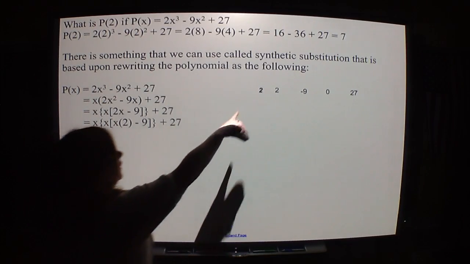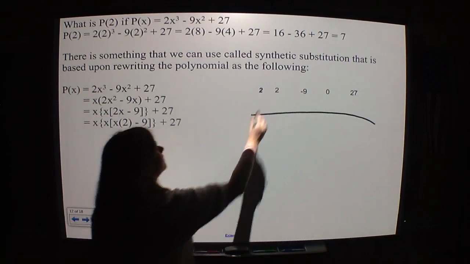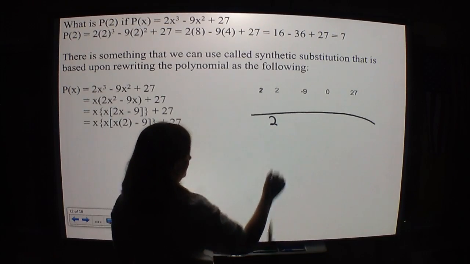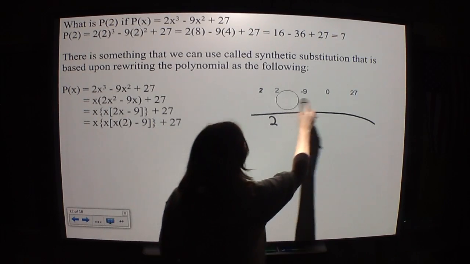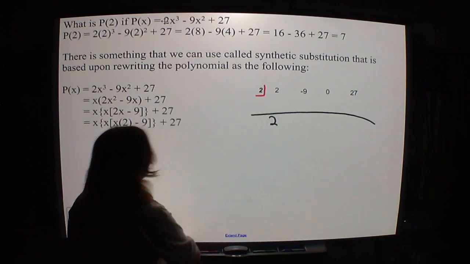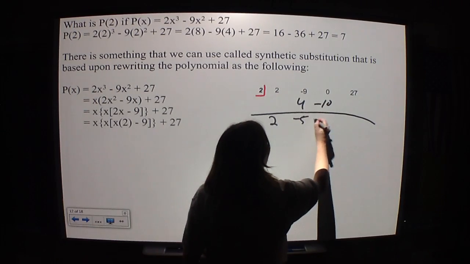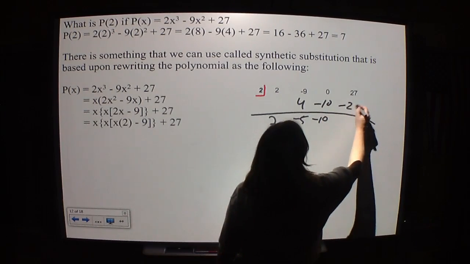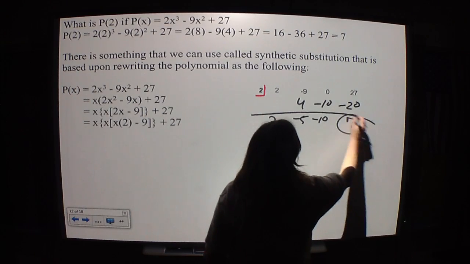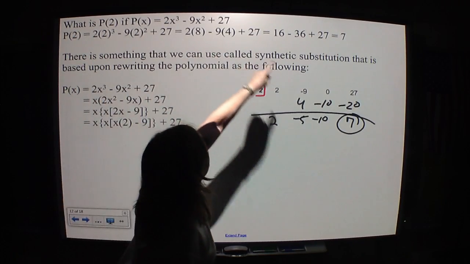You could put a 2 right there and do synthetic division. Bring down your 2. 2 times 2 is 4. Add, multiply, add, multiply, add. There's my answer too. Also, look how quick that was compared to all of this.